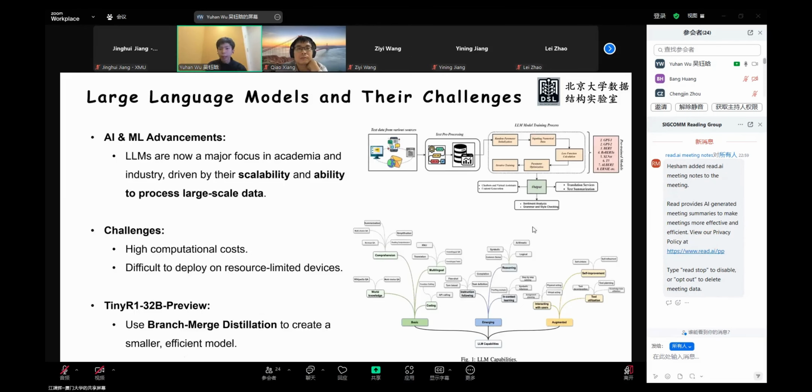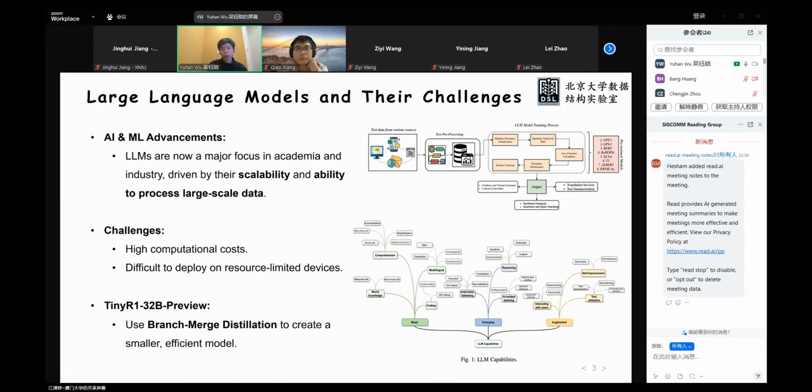AI and machine learning have rapidly evolved, with large language models becoming a focus in both academia and industry. Their success is largely due to scalability and the ability to process vast amounts of data, enabling them to perform complex reasoning, coding, and scientific tasks.